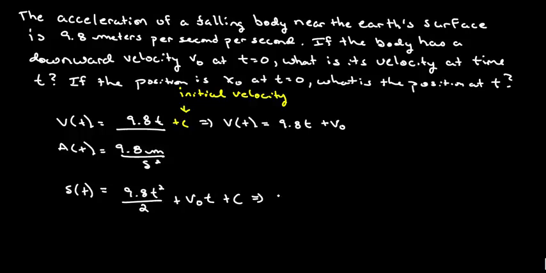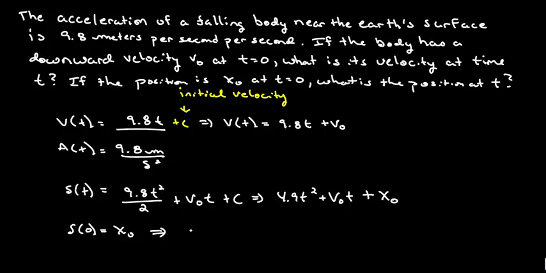So this is 4.9 t squared. This right here is just v sub naught times t, the initial velocity times time, plus, now, when t is 0, the position is x sub naught. So s at 0 should be equal to x sub naught, which means if I plug in 0 here, my constant is x sub naught.